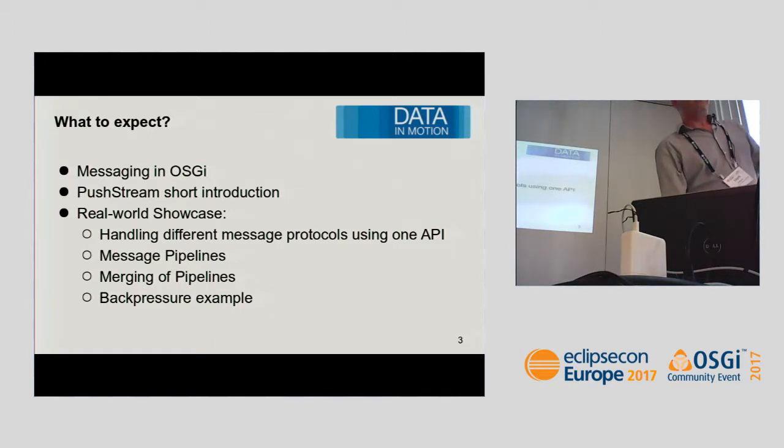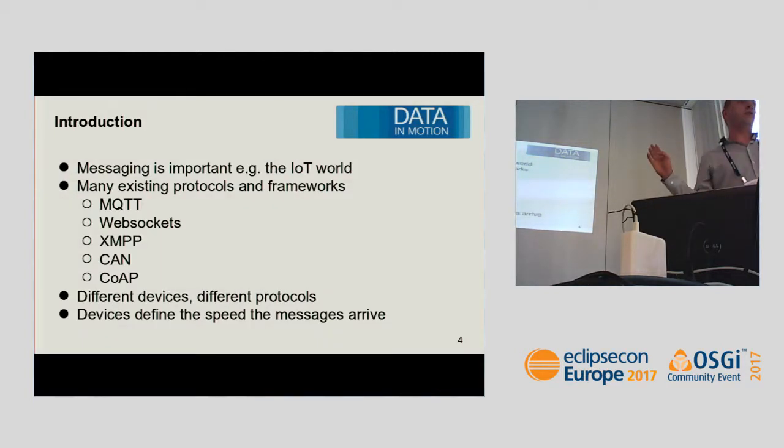I think I will explain something in code and will show you all the topics in code later. So first, messaging is nowadays very, very important. There are different protocols, different frameworks and such stuff.